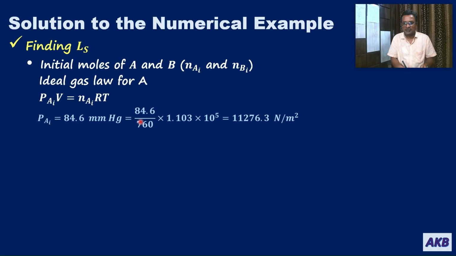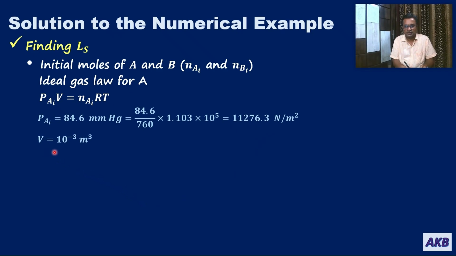If I divide it by 760, it will be converted to atmosphere, and if I multiply it with 1.103 into 10 to the power 5, it will be in Newton per meter square. That is what I have done. So PAI is equal to 84.6 divided by 760 into 1.103 into 10 to the power 5, which gives the value as 11276.3 Newton per meter square.